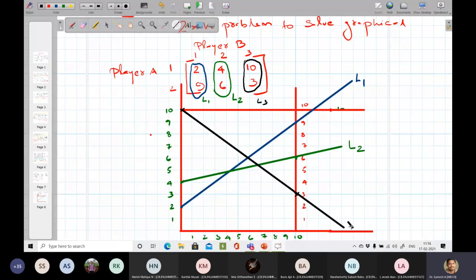Now you have to select the feasible region. The feasible region for this case will be the shaded region.